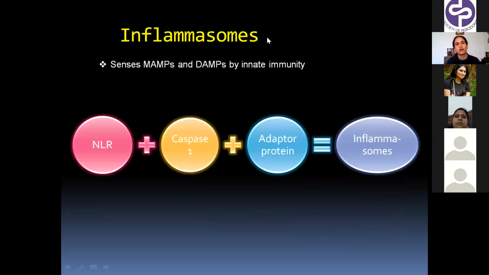Inflammasomes. You have a lot of questions on inflammasomes. Let us try to understand what this is. What I was telling you till now, that there are MAMPs and DAMPs which will try to have intracellular events. Now, what is an inflammasome? It is the receptor, NOD-like receptor, an enzyme, caspase, and adapter protein, and the combination of these three is called an inflammasome. So what is an inflammasome?